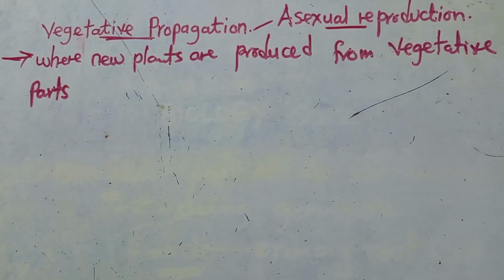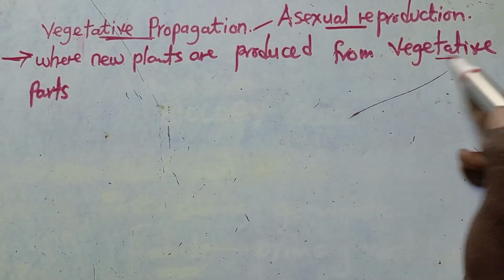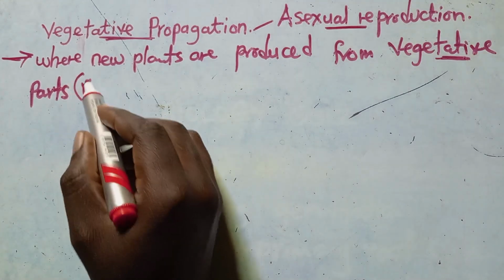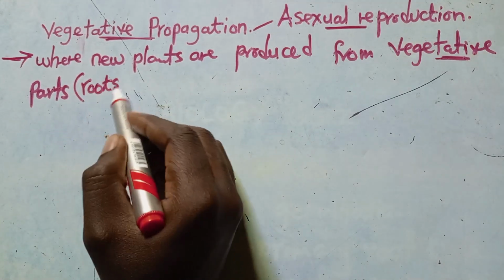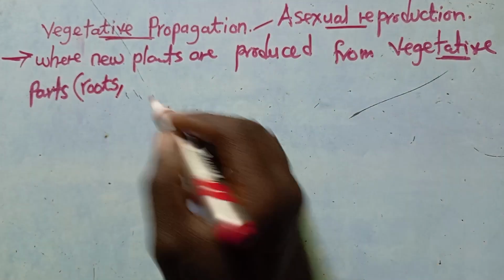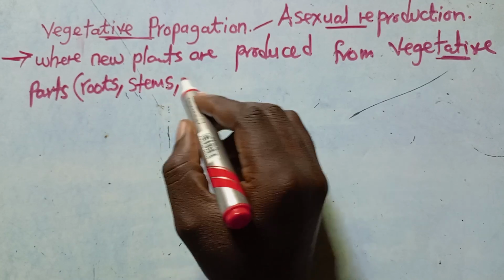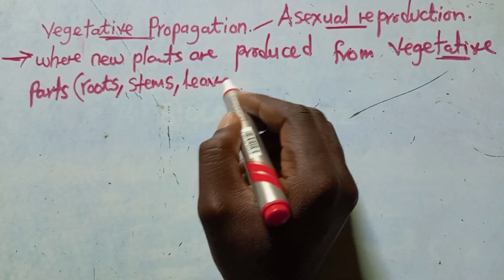What are these parts that are called vegetative parts? Vegetative parts include roots, stems, and leaves.